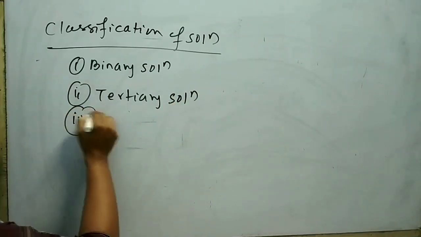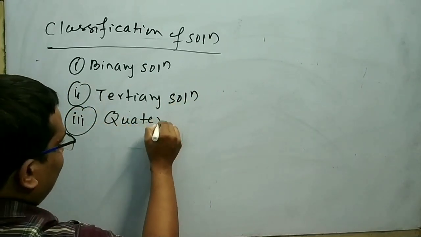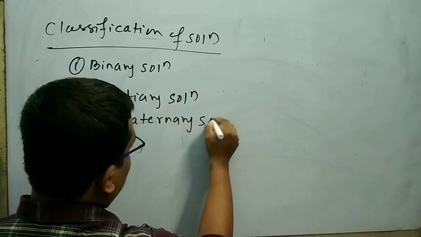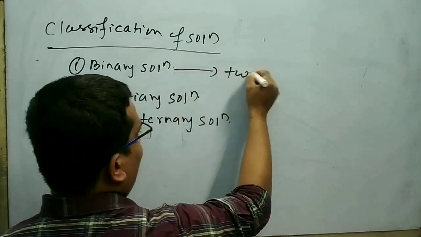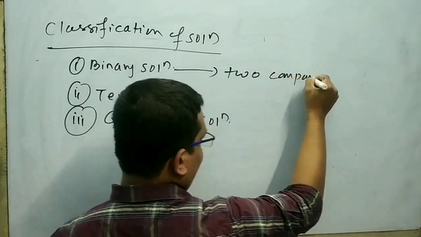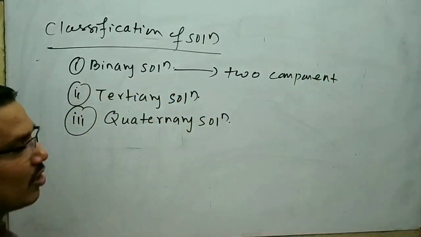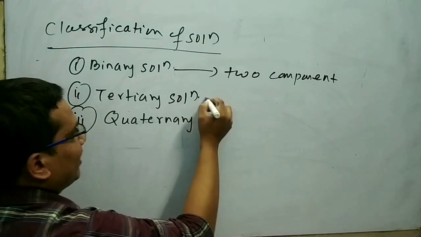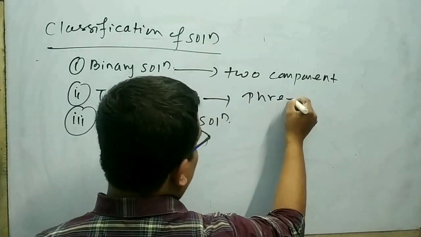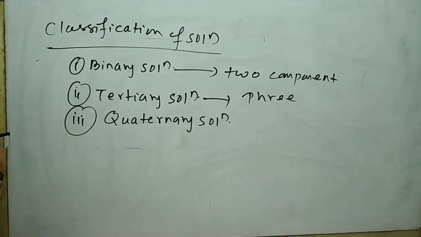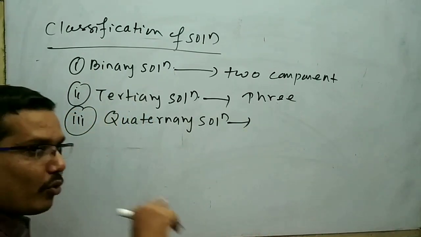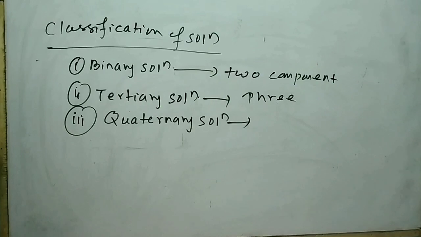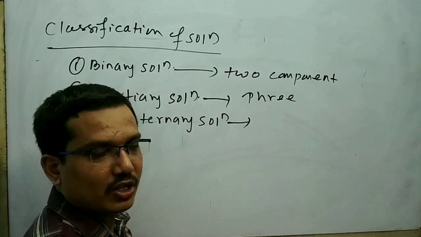Number three is your quaternary solution. If a solution is made by two components, it is called binary solution. If made by three components, it is called tertiary solution. If made by four components, it is called quaternary solution.